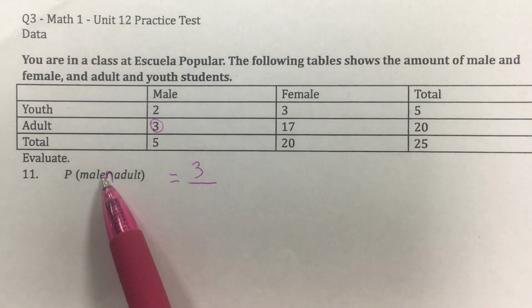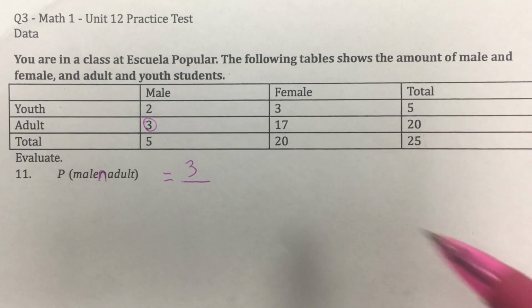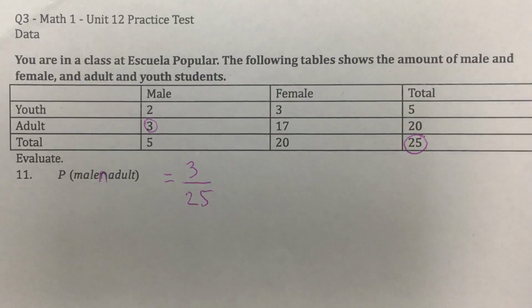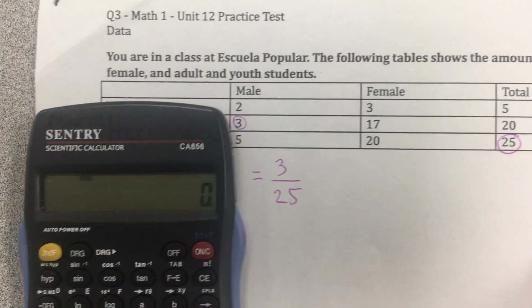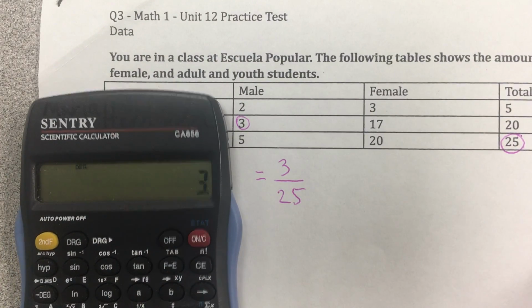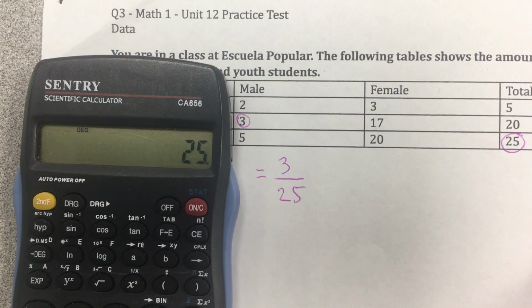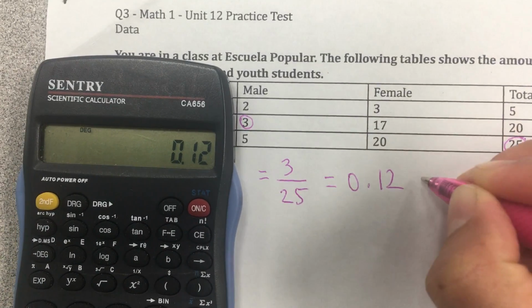Then with this one, you will always have the grand total in the denominator, the total de totales. So here we're going to divide 3 by 25, sorry, not by 5, by 25, which equals 0.12.